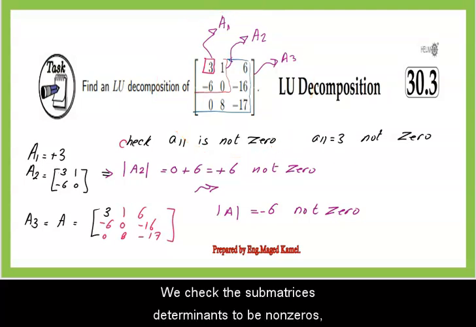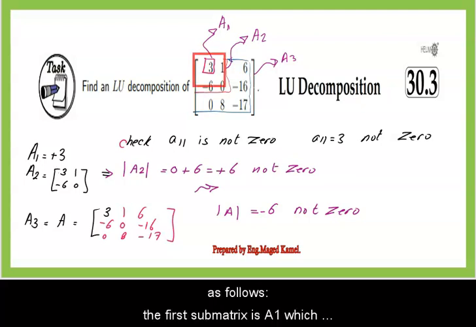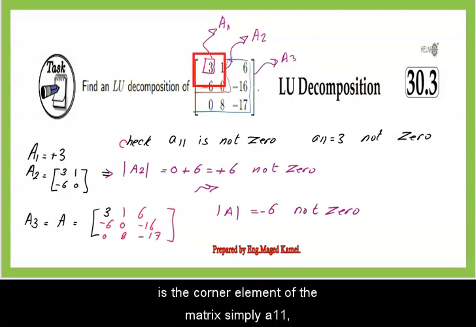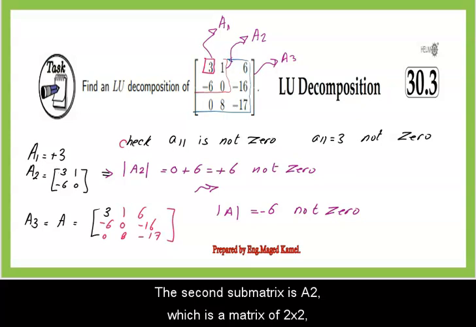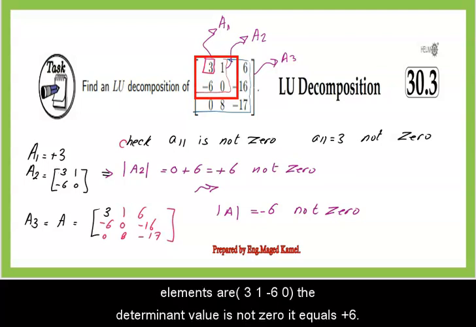We check the submatrices determinants to be non-zeros as follows. The first submatrix is A1, which is the corner element of the matrix, simply A sub 1,1. It has a value of 3, which is not zero. The second submatrix is A2, which is a 2 by 2 matrix. Elements are 3, 1, -6, and 0.